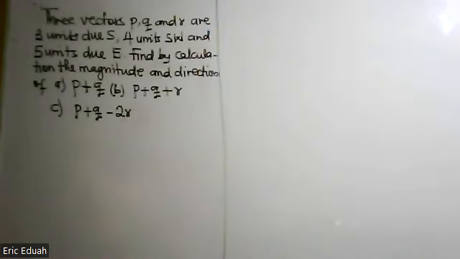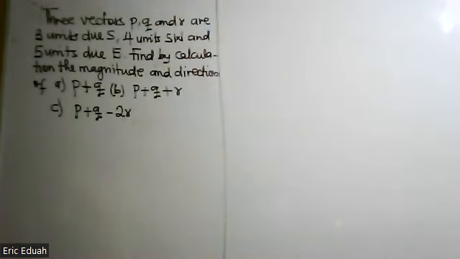So this is the problem of the evening. Three vectors, P, Q, and R, are 3 units due south, 4 units due southwest, and 5 units due east.